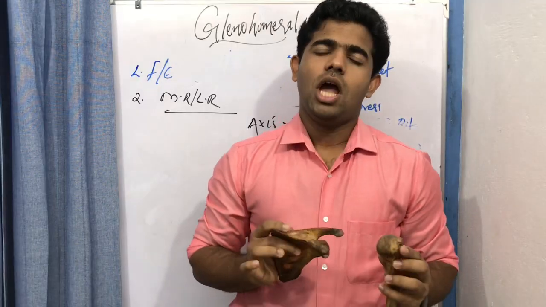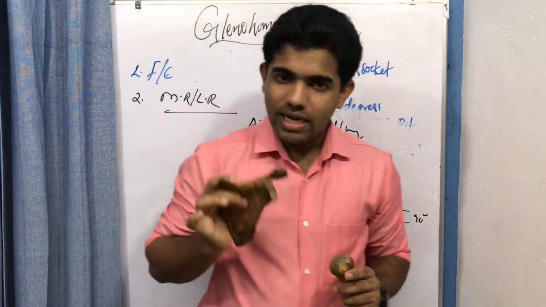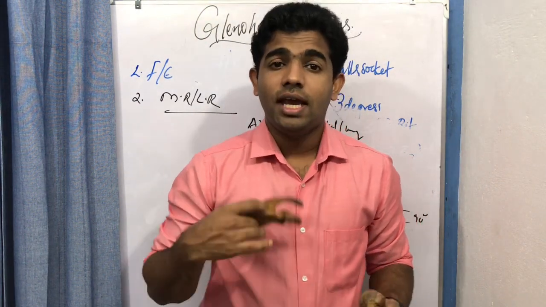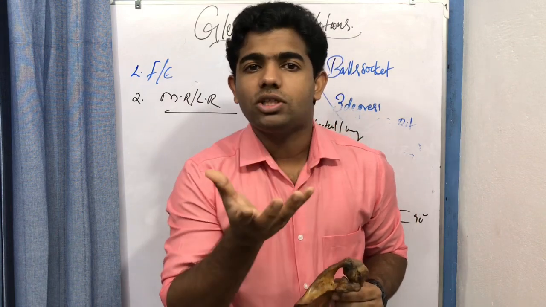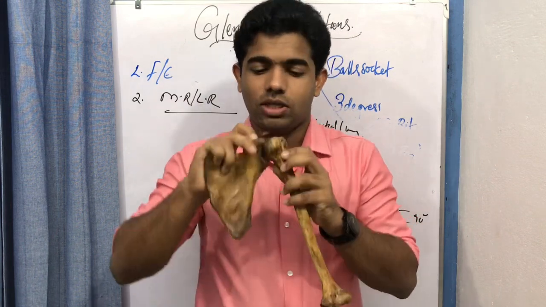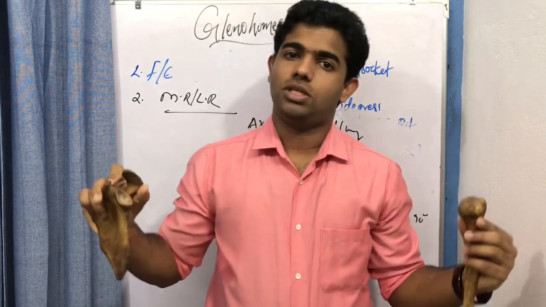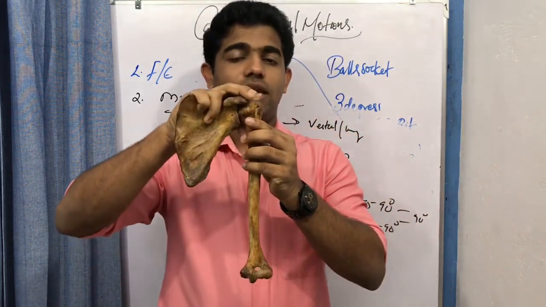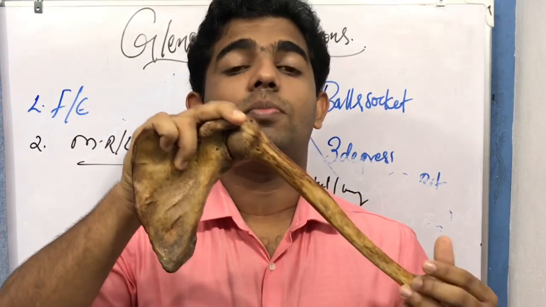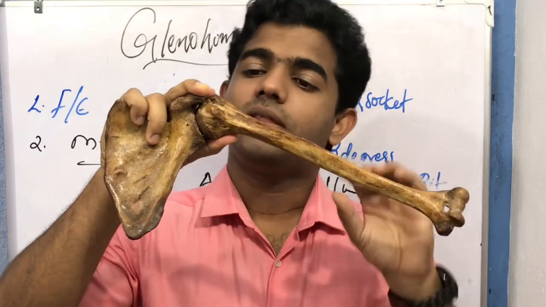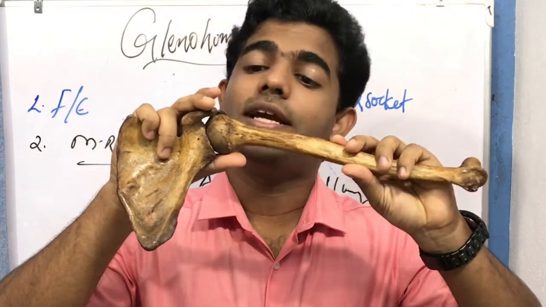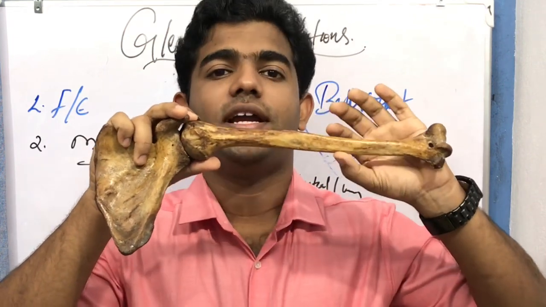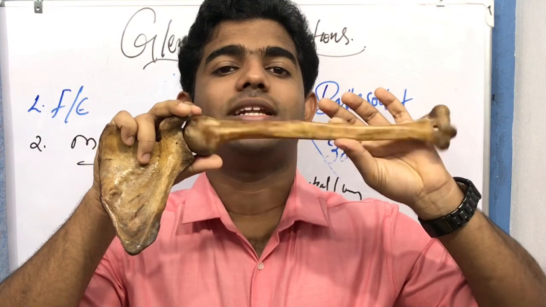So remember, when the arm is at the side, medial and lateral rotation are restricted because of the protruding greater and lesser tubercles. This is an applied aspect you have to remember. But if the same arm is abducted to about 90 degrees, the impact of the greater and lesser tubercles almost gets nullified, and a greater range of motion is possible.